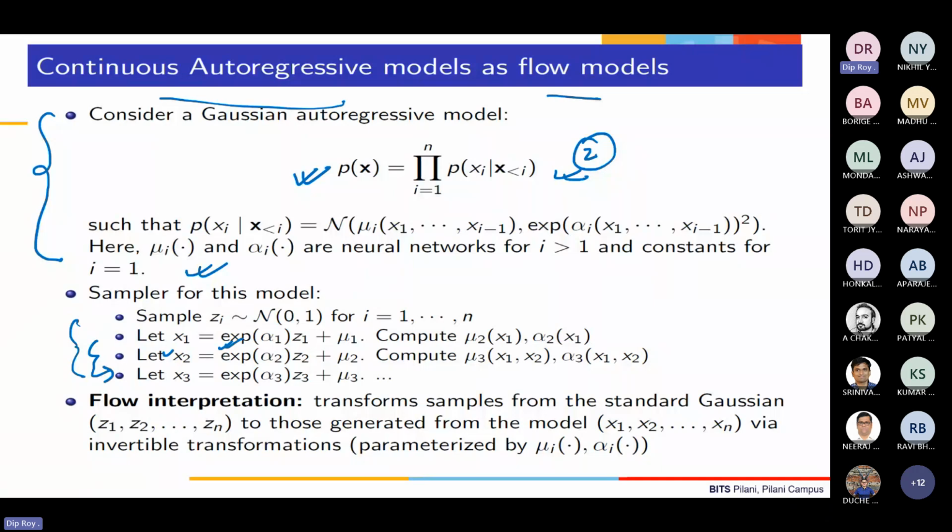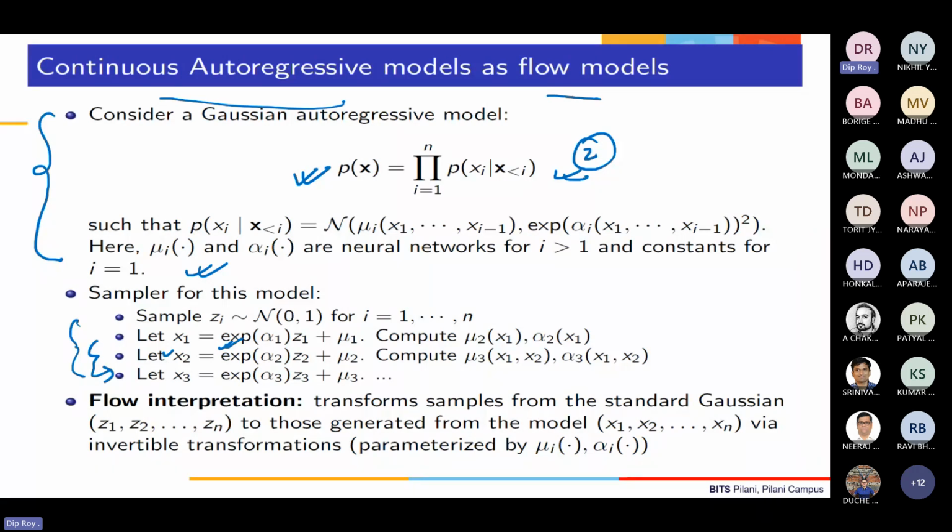You take your z, you get your first x, then you take your x and pass it through two neural networks which output mu and alpha. Once you get your mu and alpha, you again sample z2, you again shift and scale it using the output of the previous neural networks, and you get your x2, and so on and so forth.